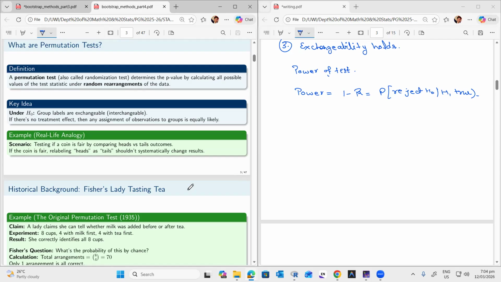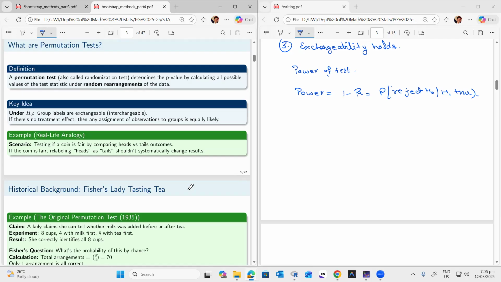What is the core idea behind it? The core idea is to compute the test statistic for all possible assignments of the data to groups or conditions that are consistent with the null hypothesis. For example, in a two-sample problem, if the null hypothesis states that the two groups come from the same population, then we can rearrange the group labels among the observations equally.